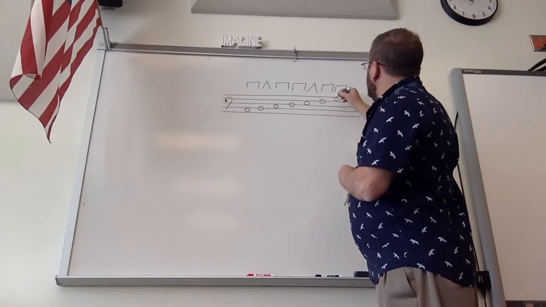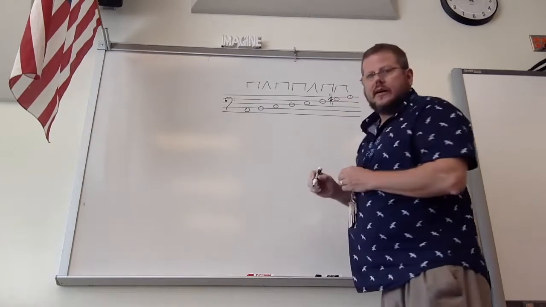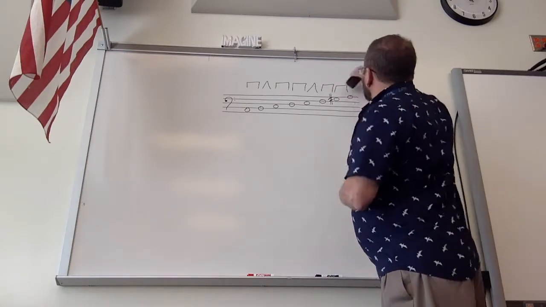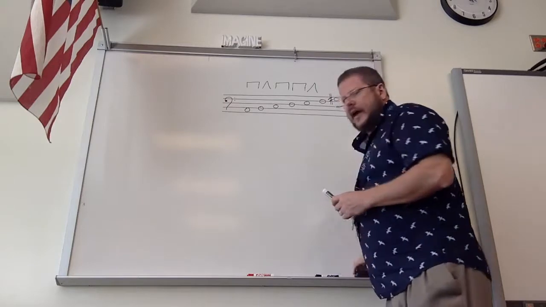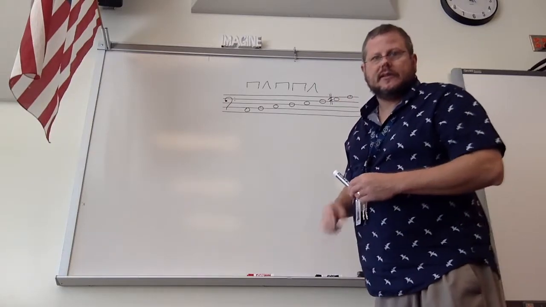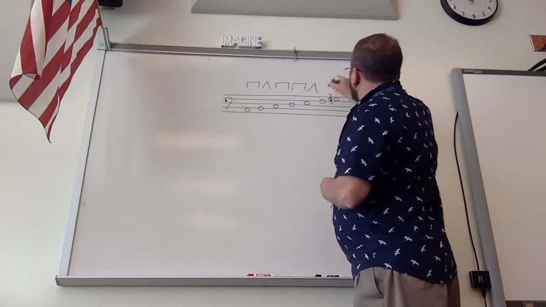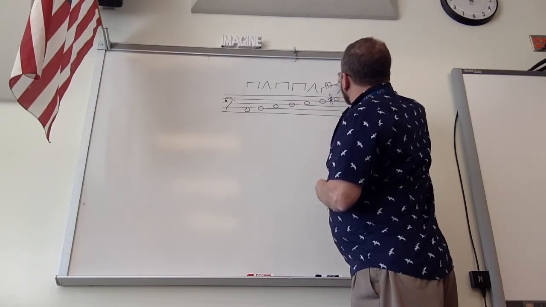And if I raise the seventh degree of this scale, I have a G sharp here now. Now this changes my interval pattern at the end of the scale and gives me this half step. But it also gives me this weird interval right here of an augmented second.